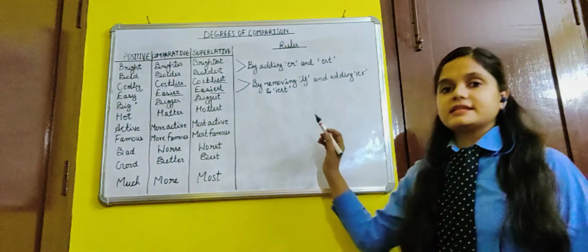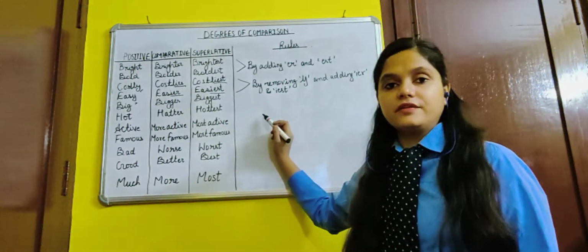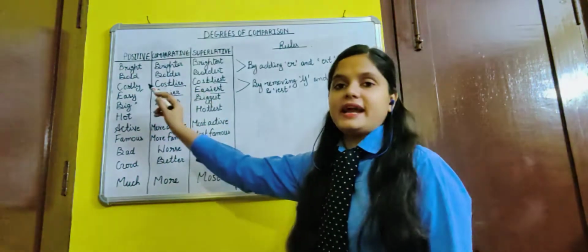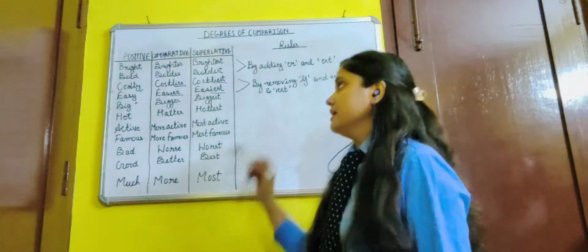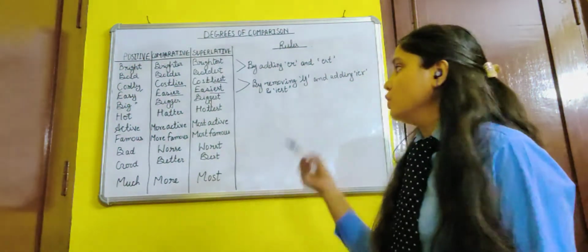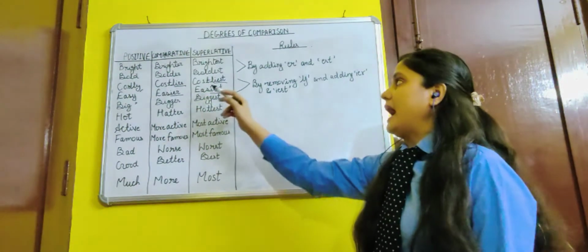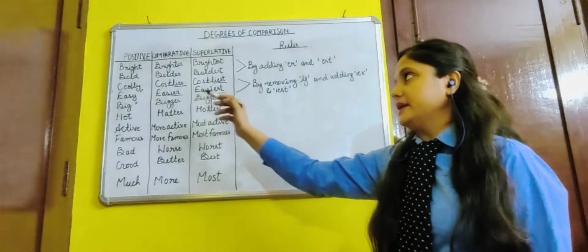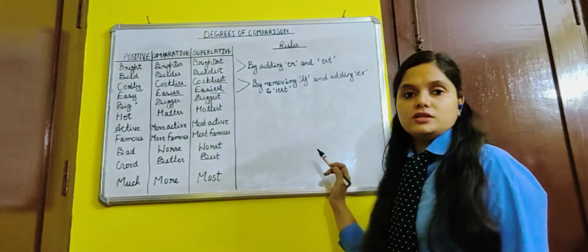So this is the second rule. We can make comparative and superlative degrees from the positive degree in words that end in Y. In such words, we will just remove the Y and add IER or IEST to make the comparative and superlative degrees from the positive degree.